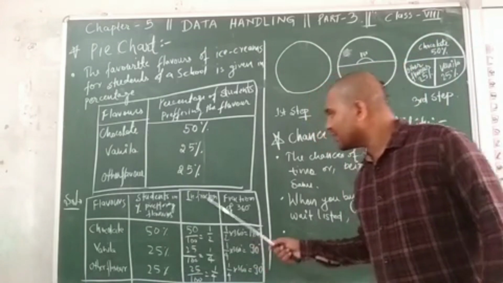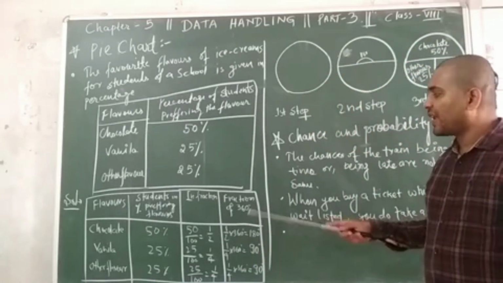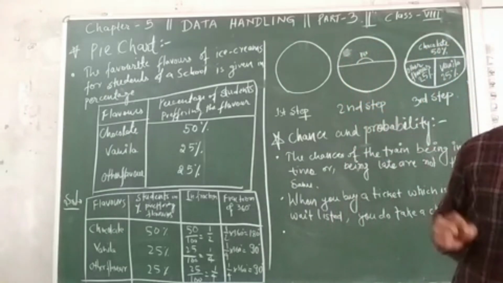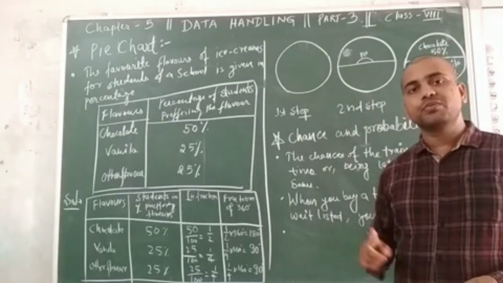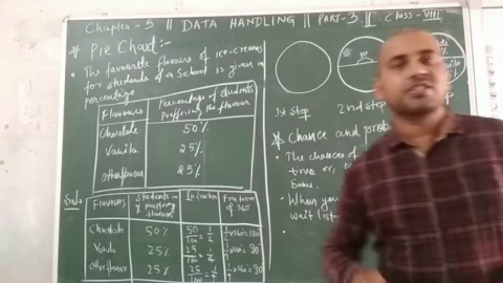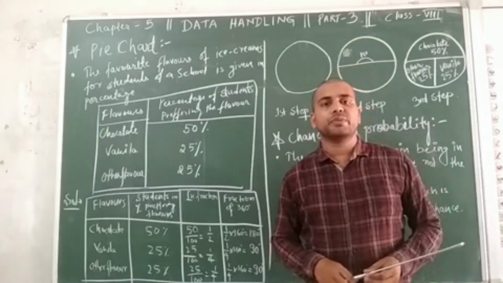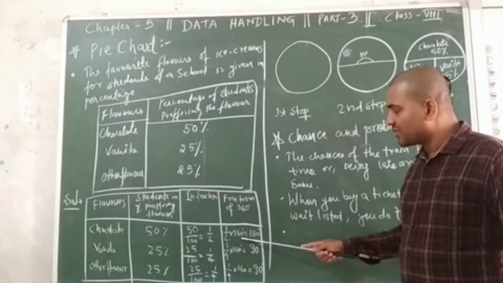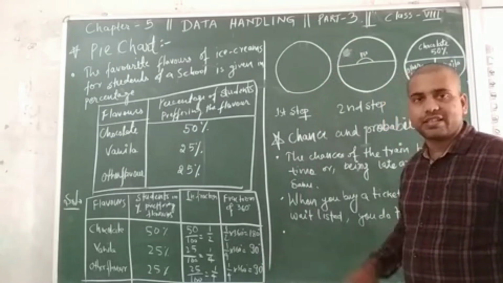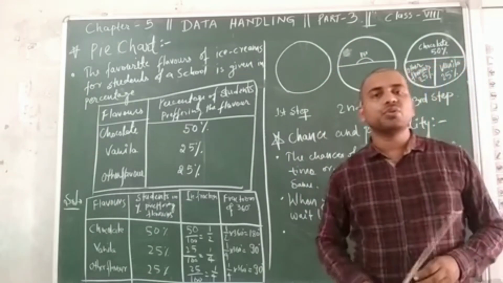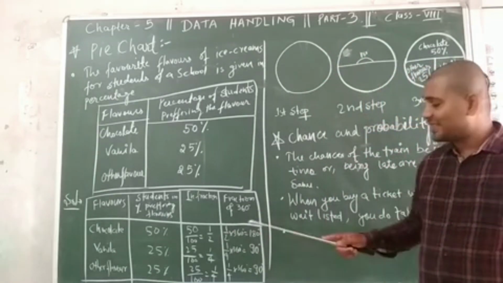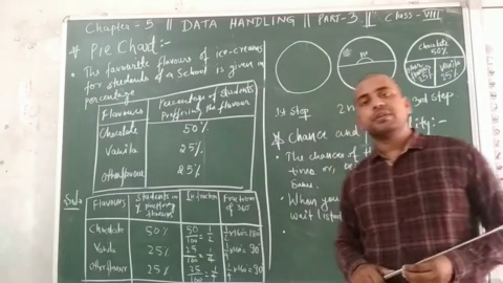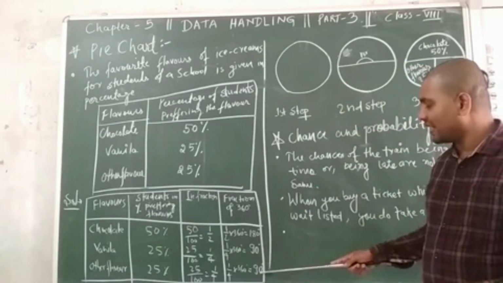Now this fraction we will convert into a fraction of 360 degrees. Whatever fraction we obtain, we will multiply with 360 degrees, dear students. 1 upon 2 into 360 degrees is 180 degrees. 1 upon 4 into 360 degrees is 90 degrees. Again 1 upon 4 into 360 degrees is 90 degrees.